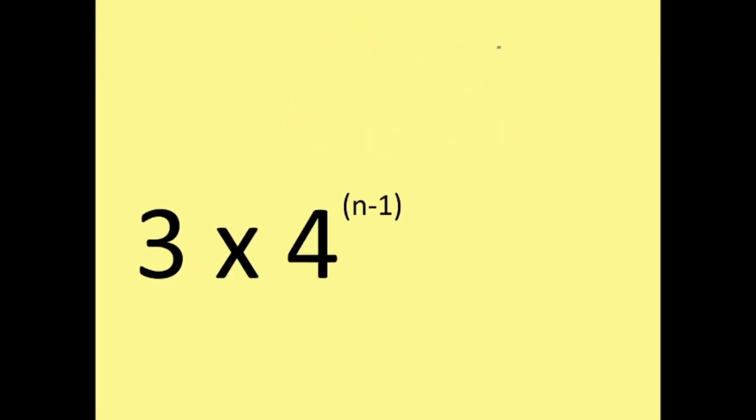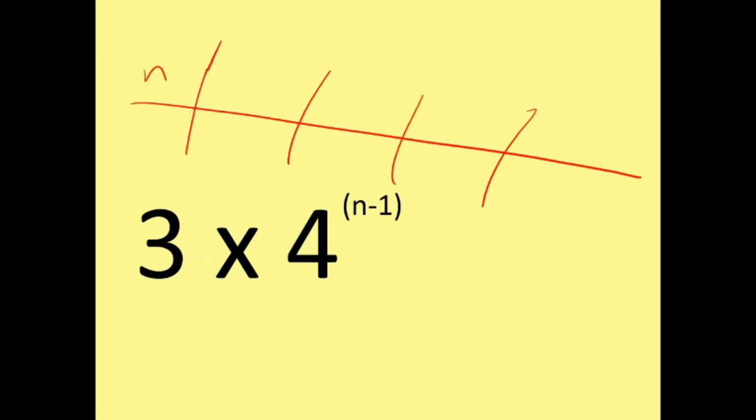This one here, try and see if you can generate the first couple of terms of this. I'm going to do this a little bit nicer now and do it as a table. So my first term, second term, third term, fourth term. For my first bit, I'm going to have to do 1 minus 1 is 0. So it's 3 times 4 to the power of 0. 4 to the power of 0 is 1, so this is just 3. Next one I'm going to have to do 3 times 4 to the power of 1, which is just 3 times 4, which is 12.